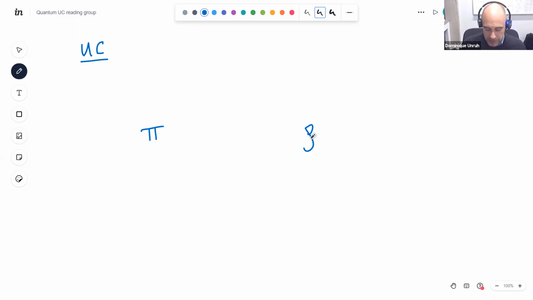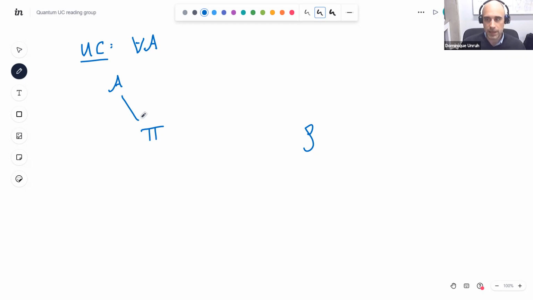And now how do we say that pi emulates rho or implements rho or is as secure as rho? Well, the definition says that we need to show that for any adversary that attacks the protocol pi, where attacking just means it can interact with the protocol pi over a channel that is for this particular purpose.